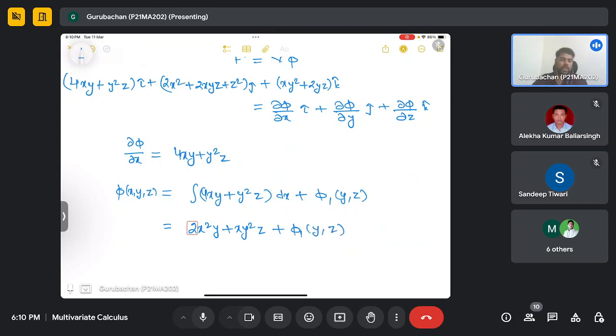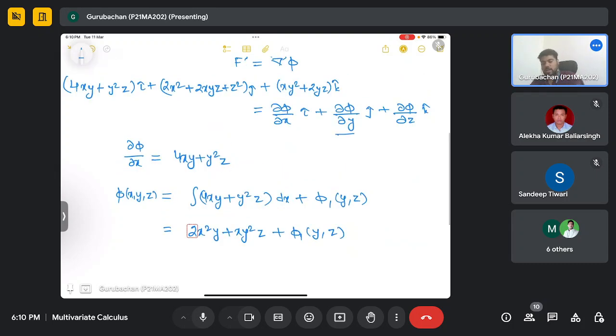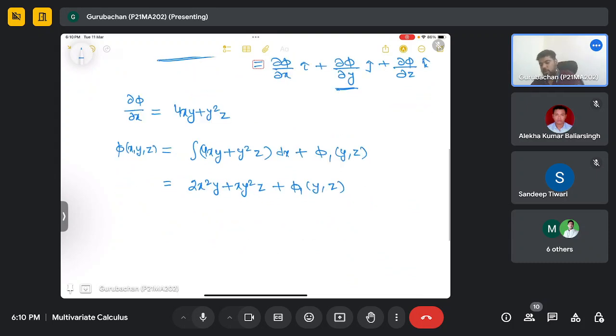Now we want to find out this phi 1 of yz. To find it, we compare del phi by del y. We partially differentiate phi with respect to y, so x and z are constant. It gives 2x square plus 2xyz plus del phi 1 by del y.